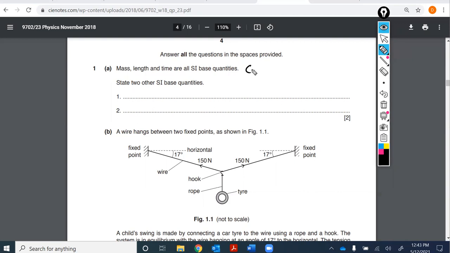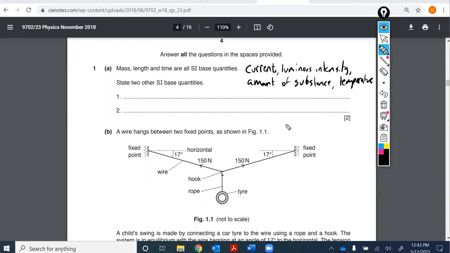We're missing current. We're missing luminous intensity. We're missing amount of substance. And we're missing temperature. 1, 2, 3, 4, 5, 6, 7.